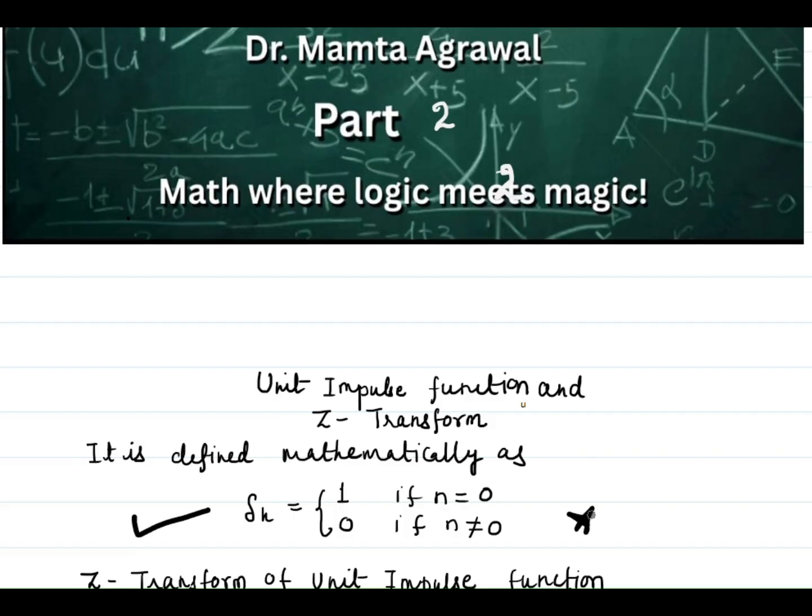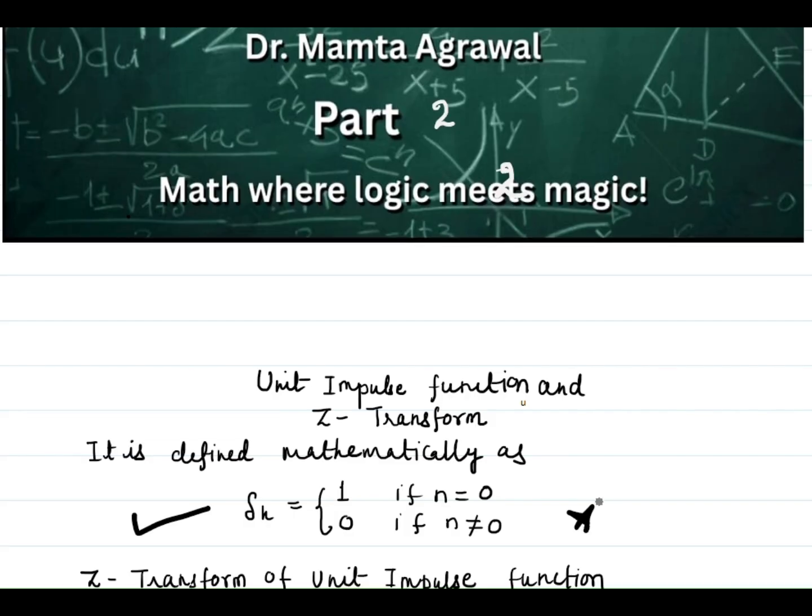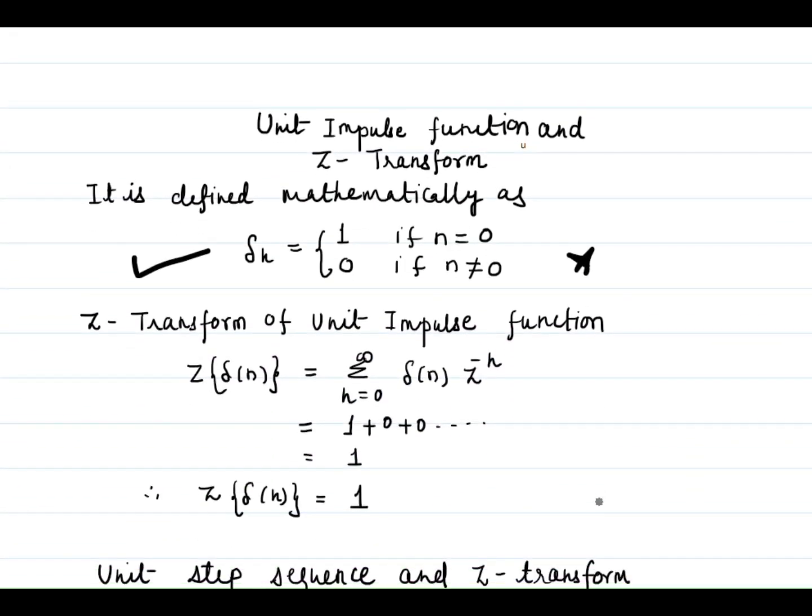Taking the Z transform, we can write Z of delta n, defined as the sum from n equals 0 to infinity of delta n z to the power minus n. Now since n varies from 0 to infinity, we'll keep the value of it when n equals 0.